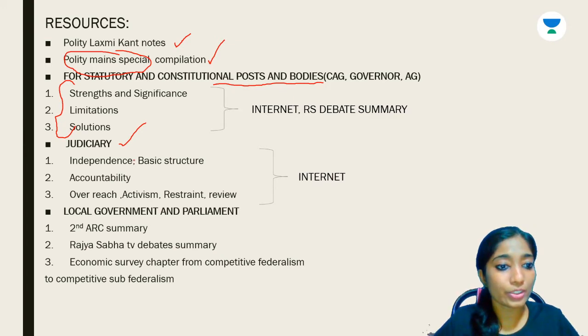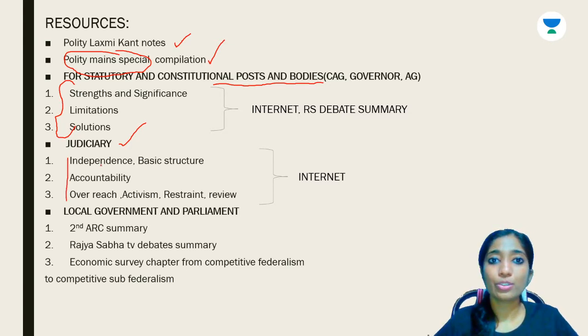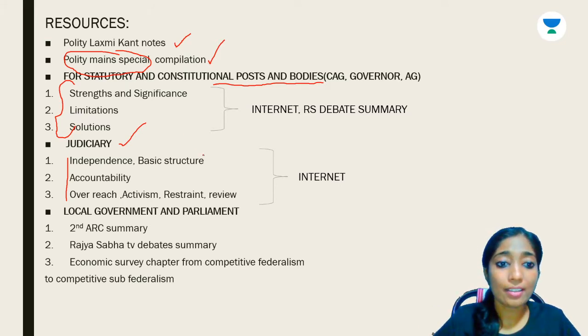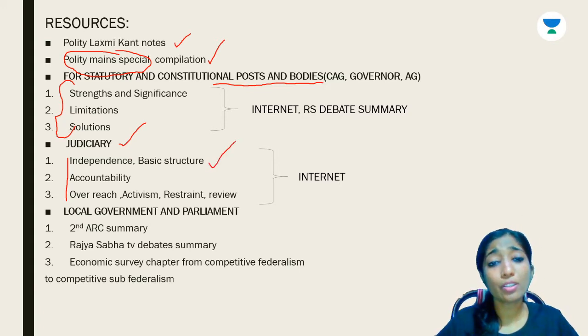Again I referred to the internet for these topics. One is the independence of judiciary, whether our judiciary is really independent or not. Then the basic structure of the constitution: what is the role of the judiciary in it, and what are the related judgments?